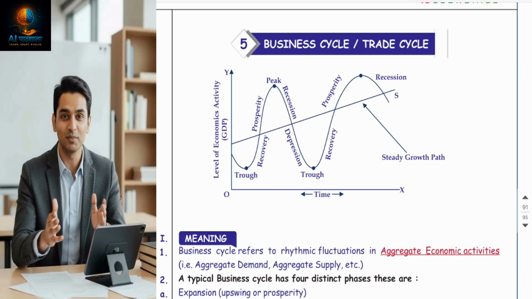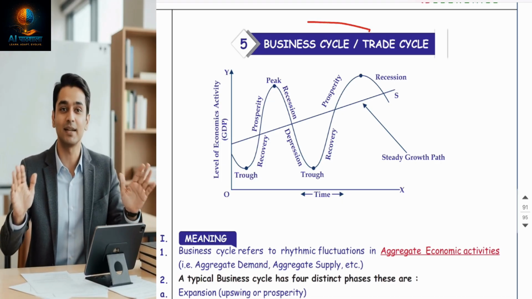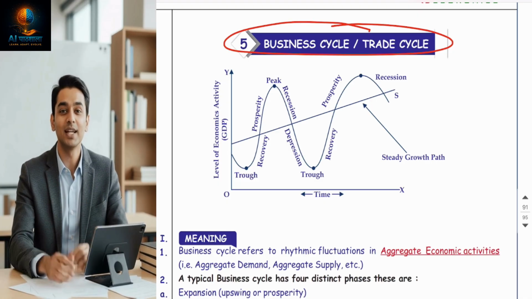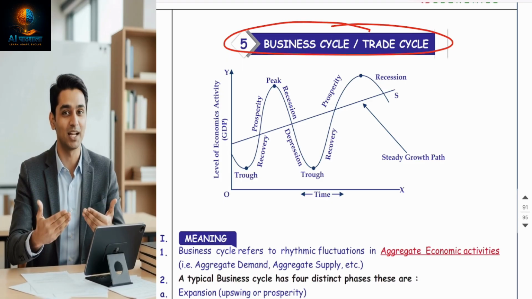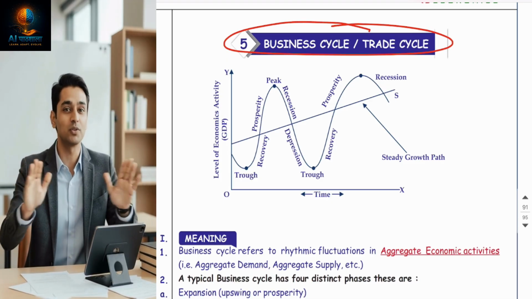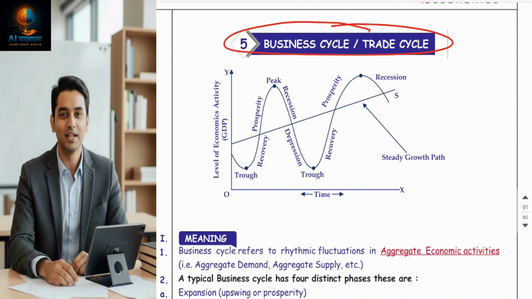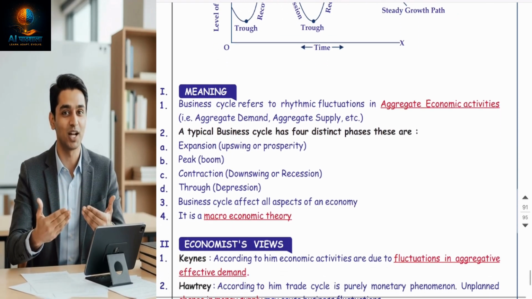So let's start with a very interesting topic, chapter 5, business cycle or trade cycle. Friends, in this concept we will explain how the economy moves in waves, sometimes growing fast and sometimes slowing down. So let's start with the meaning.